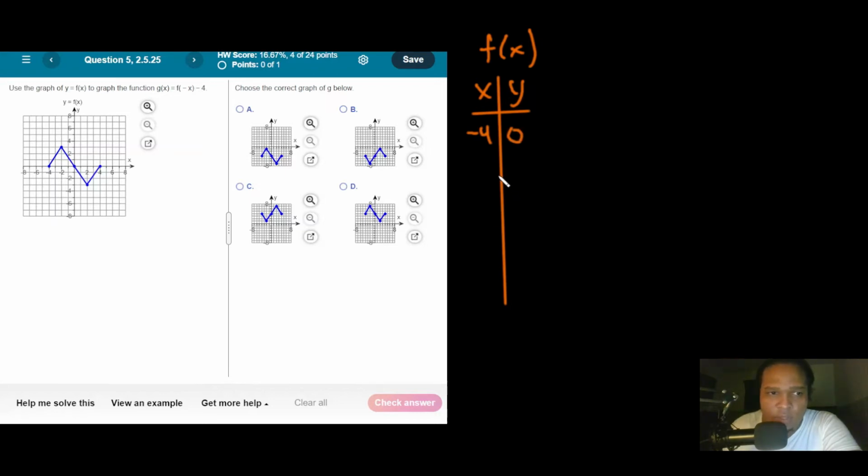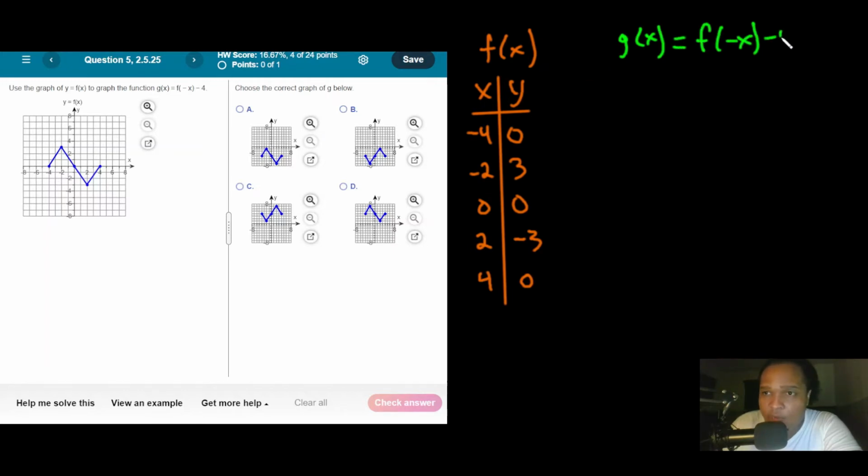We have -2, 3. We have 0, 0. We have 2, -3. And then we have 4, 0. We have a g of x. G of x is going to be equal to f of -x and then -4. And we have a little xy table going on here.